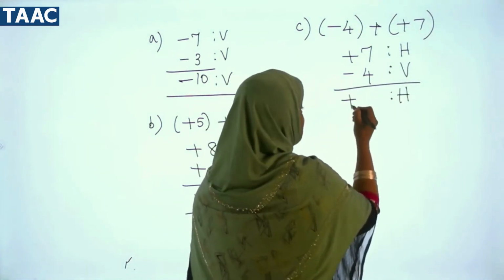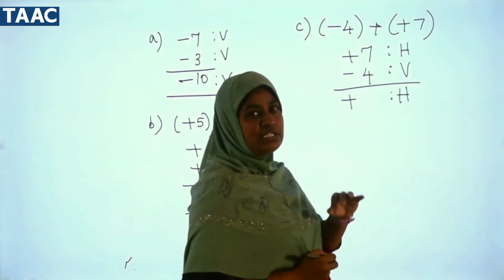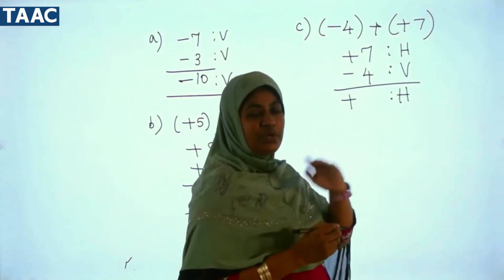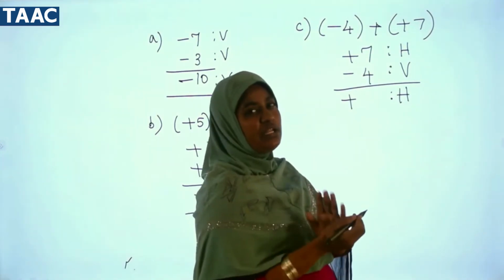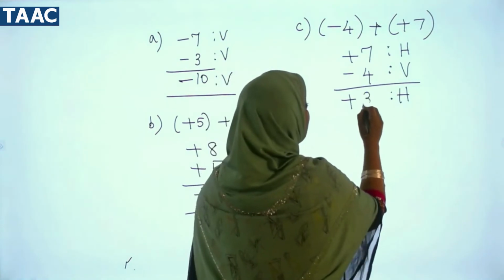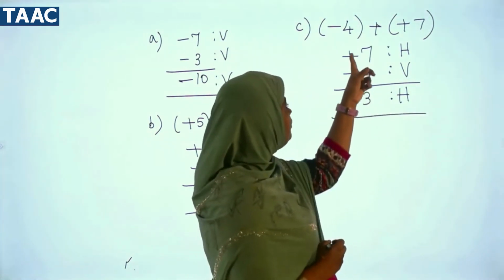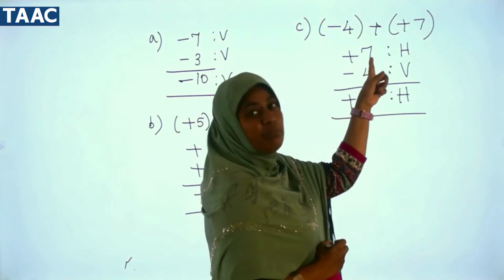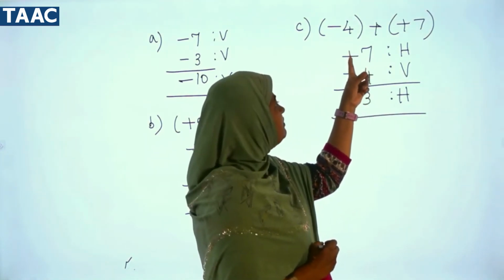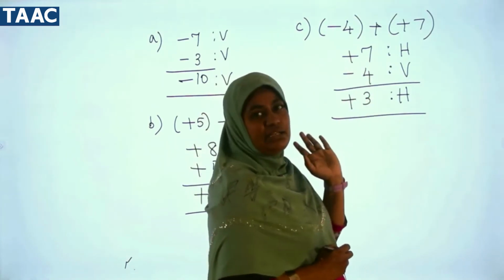Heroes means plus. So what will we do? 7 heroes and 4 villains means each pair will go for a fight, no? So the remaining only we are going to find. Remaining means subtraction. So 7 minus 4 is 3. Now coming to the concept, we have different signs. Put the greater number sign. 7 is the greater number which has positive sign. So put the plus sign and subtract the numbers.